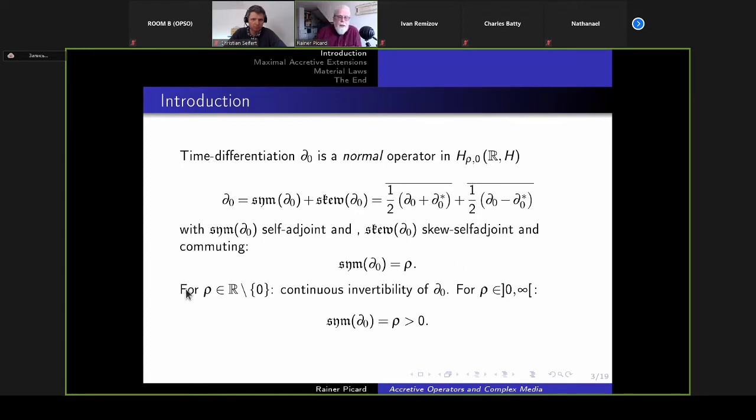And here we want to focus on the choice rho positive, because that will be taking care of the issue of causality. We want forward causality, and forward causality is associated with positive rho, and negative rho would be associated with backward causality.